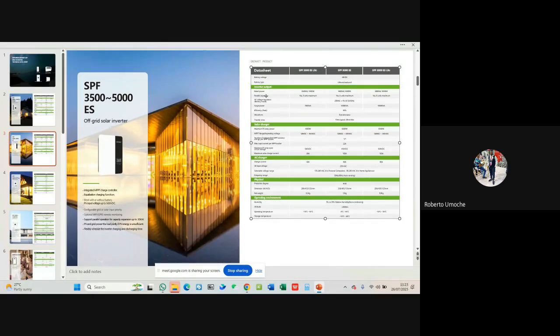Parallel capability. This one, you can put them in parallel up to, it's actually 6 units. I think there is a mistake here. So the maximum you can put in parallel here is 6 units. Likewise, this 5000 ES, the maximum you can put in parallel is 6 units.